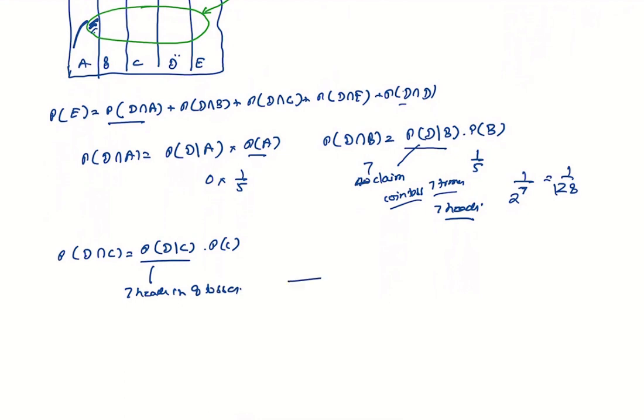So the sample space is 2 to the power 8, but we need the number of ways, and this comes from the binomial theorem, which we will read later. It's basically 7 heads in 8 tosses, and this will give us 8 by 256.